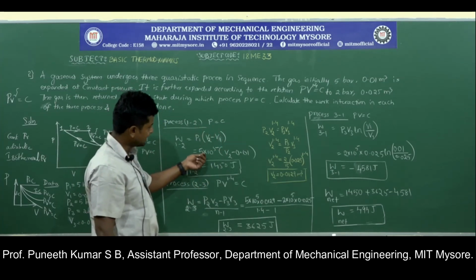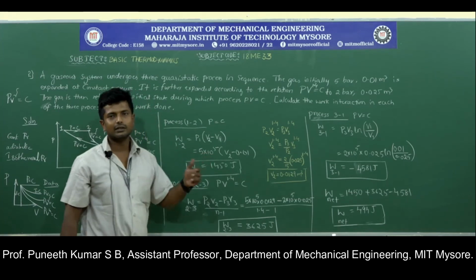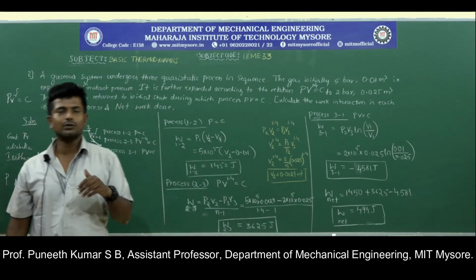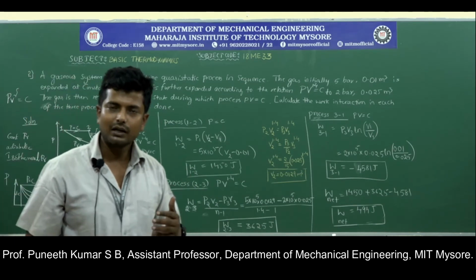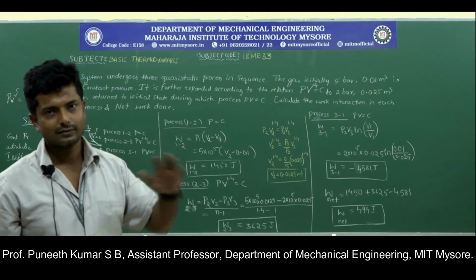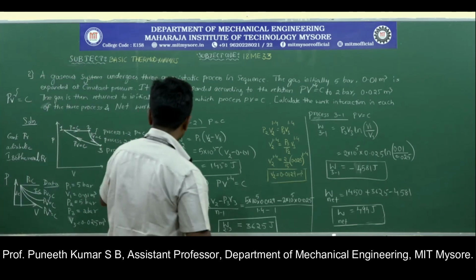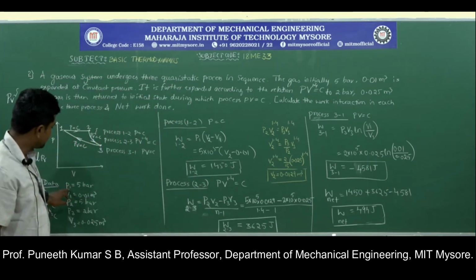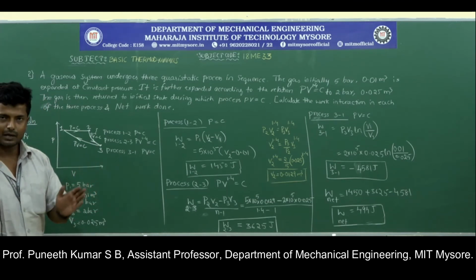We know the initial pressure, which is 5 bar. We should know that if I substitute the pressure directly in terms of bar, I will have nothing to write for the unit of work. So first I need to convert the pressure given in bar into kilopascal or pascal.